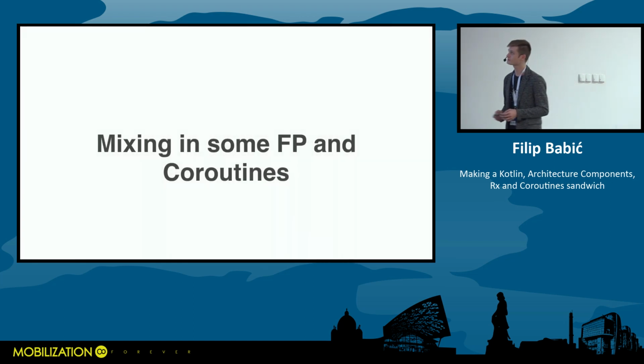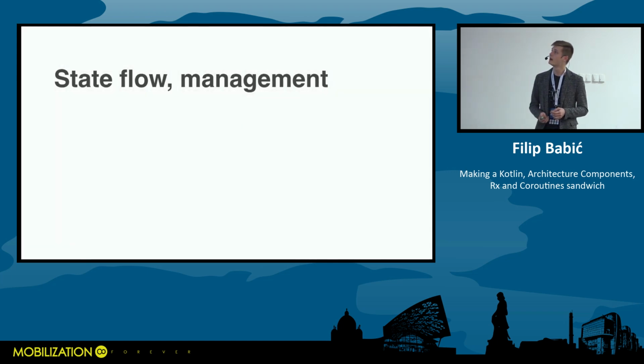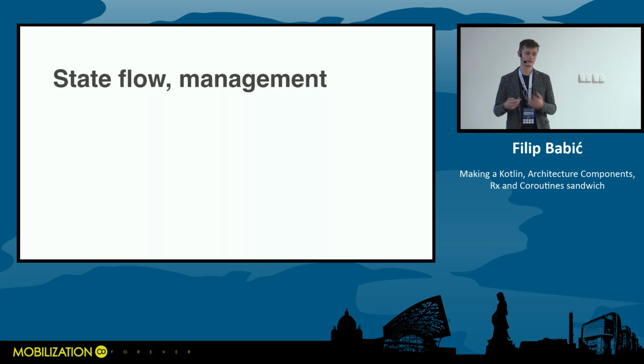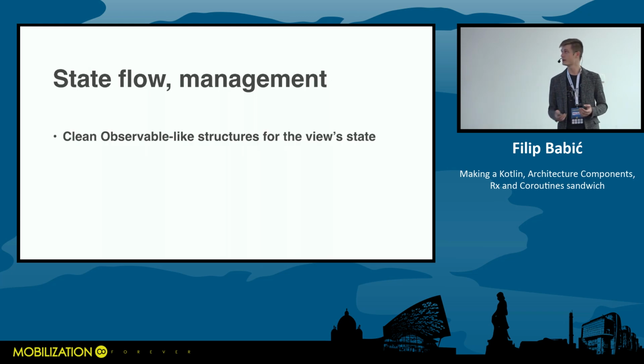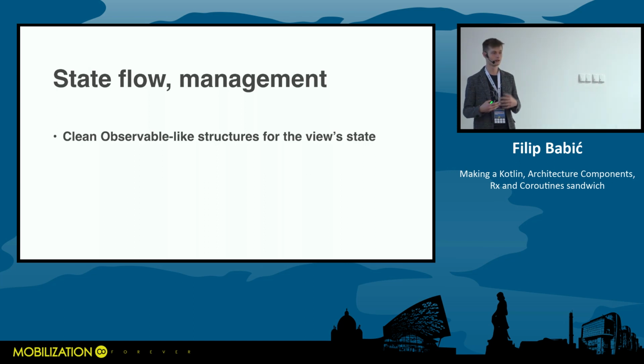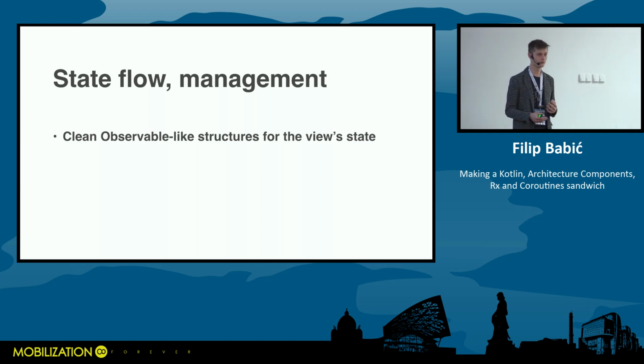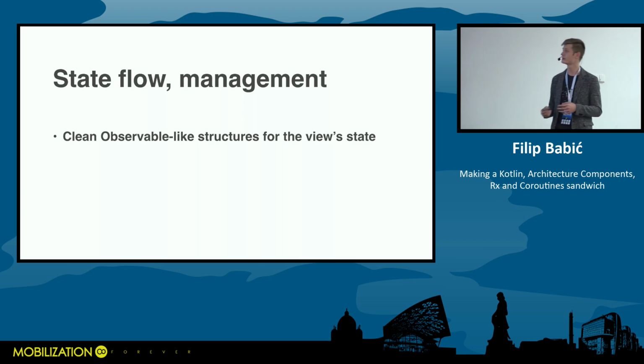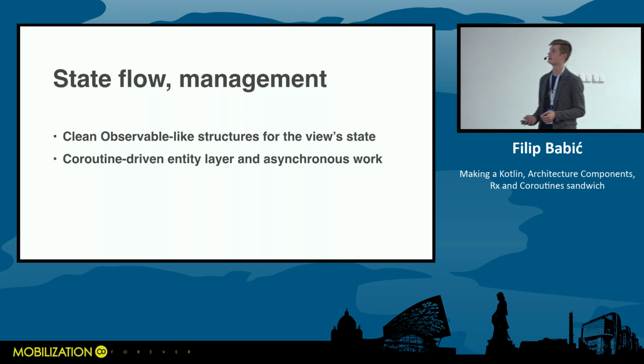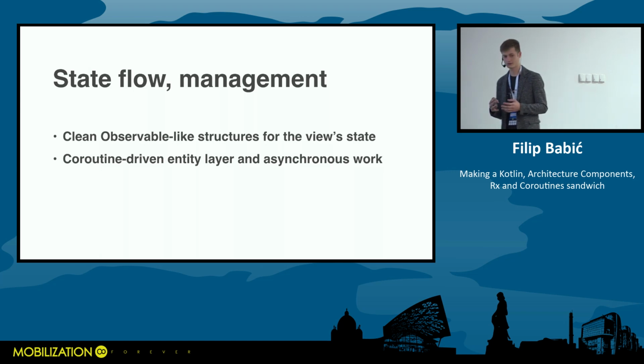So for example, we're gonna mix some functional programming and coroutines. We'll see how we'll handle the flow in a way that we want observable-like structures for the view states. So we want the view data to be emitted automatically, and we want that to be represented by one structure, which we can observe. We want to have a coroutine-driven entity layer.